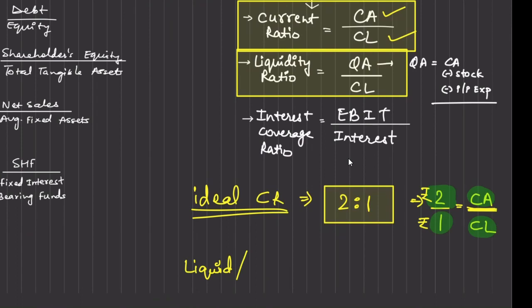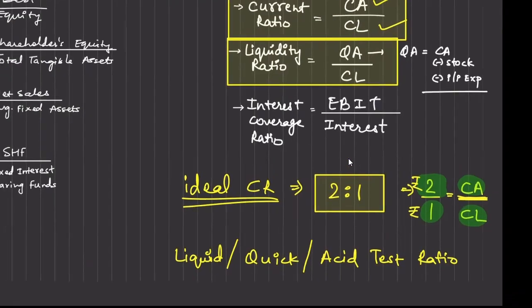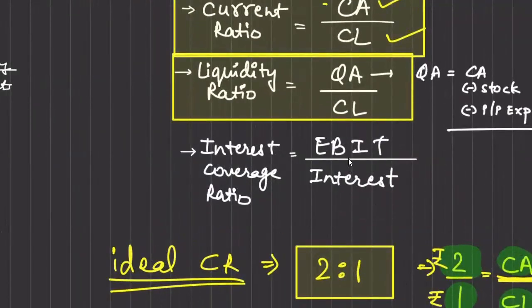It is also called quick ratio, and it is also called acid test ratio. So why is it called by so many names? Because here, in place of current assets, they are taking the quick assets.